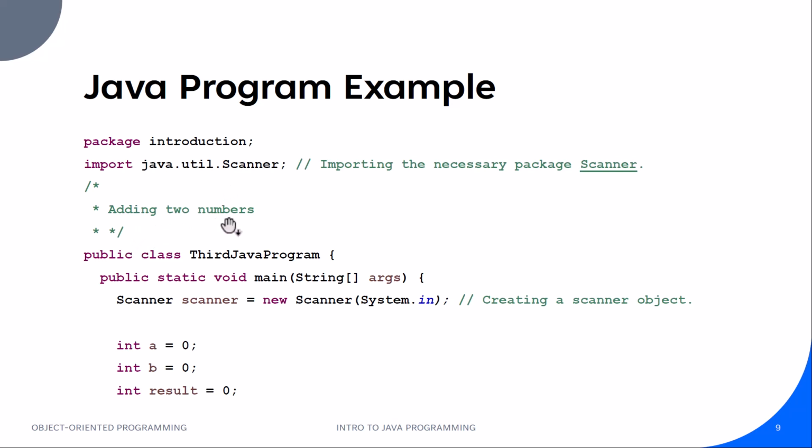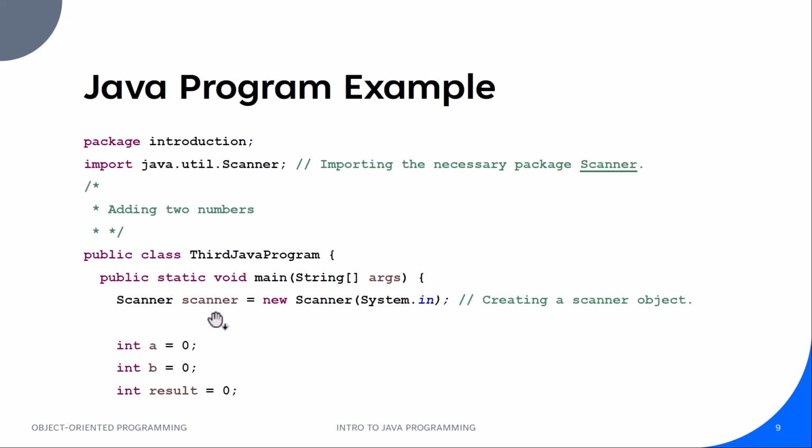Now let's do adding two numbers. This is my third Java program, and I named this class ThirdJavaProgram. And here is how I can create a Scanner object. Scanner denotes the Scanner package, and this is naming the object. Now I use the same name, scanner, but I do not have to use the same name.